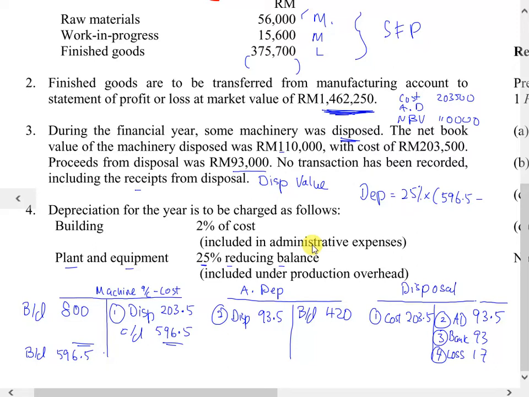What's my balance? 73 means 326.5. 326.5. This one. So what is my depreciation? $67.5. Manufacturing, admin, or distribution? Machinery. So I got two manufacturing expense overhead. 67 depreciation, 17 losses.